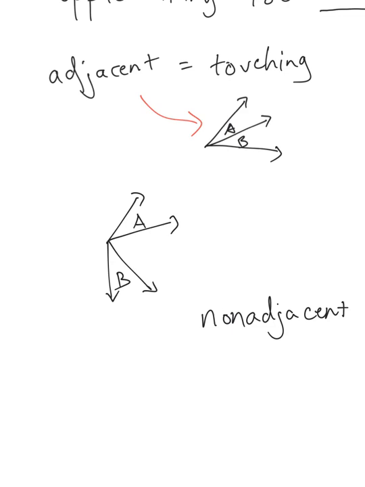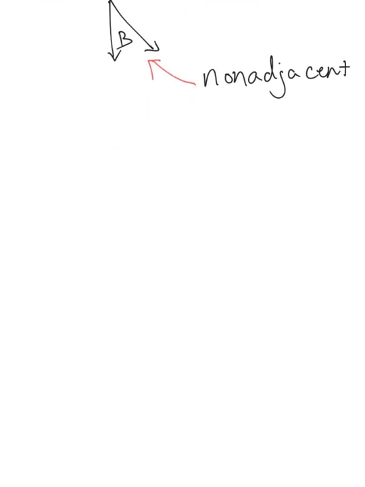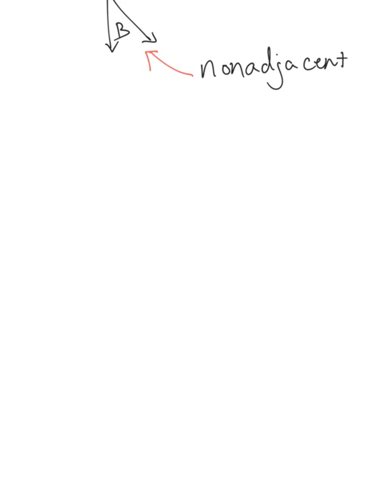Adjacent is they have to share one ray, whereas non-adjacent, they have their own individual rays. Okay, so let's do some examples.